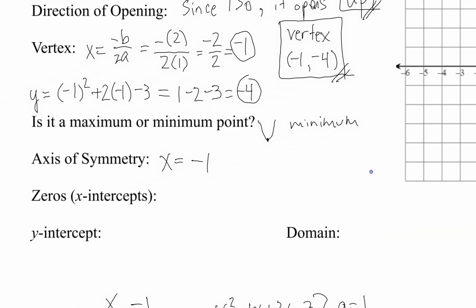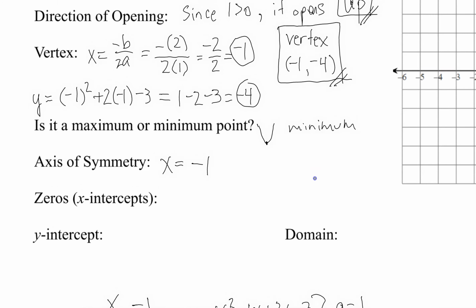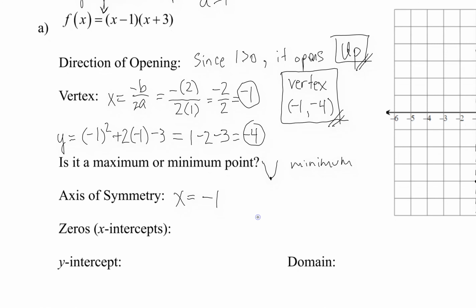All right, then the zeros are the x-intercepts. So we go from our factored form, and our factored form is this one up here that has it factored. So we're going to say this happens when y equals 0. So I've got 0 is equal to x minus 1 times x plus 3.